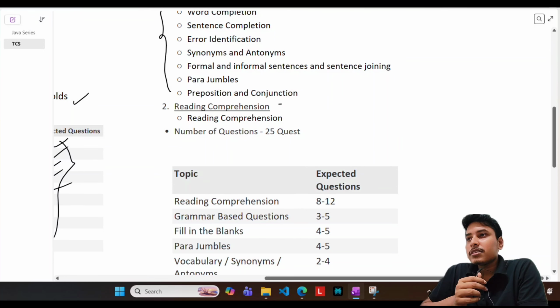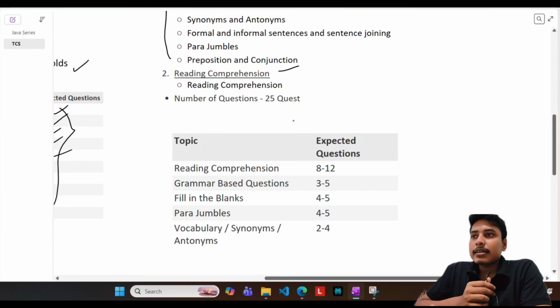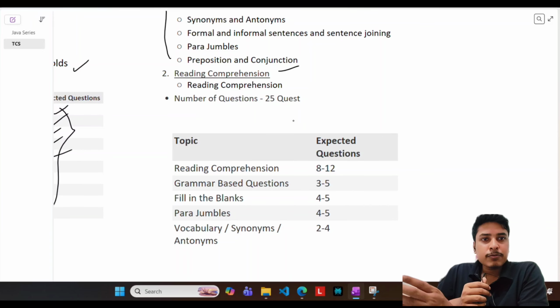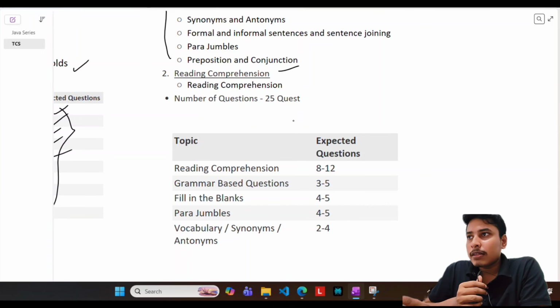Reading comprehension. I think in 2026 there is a little change in reading comprehension. There will be a memory-based game where the passage will come for some time, and then the passage will vanish, and then you will get the questions.